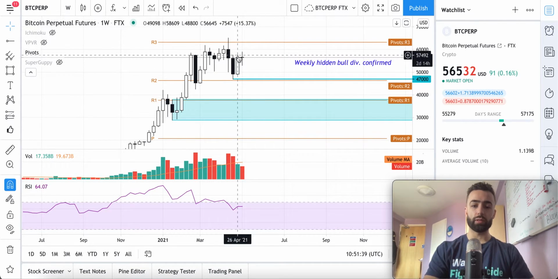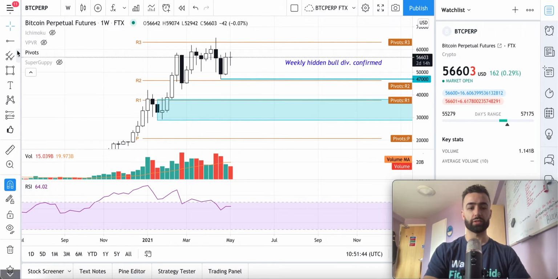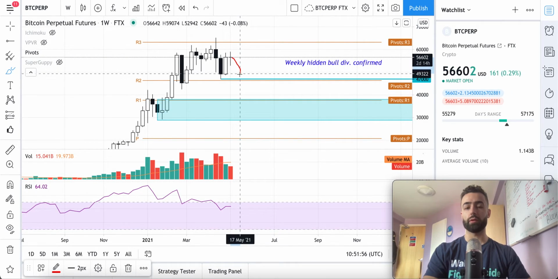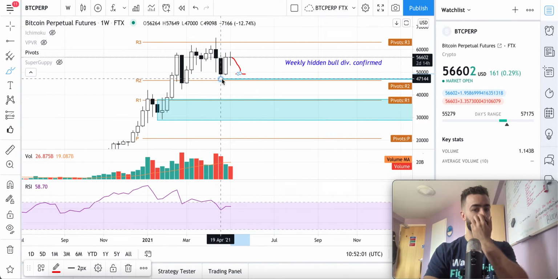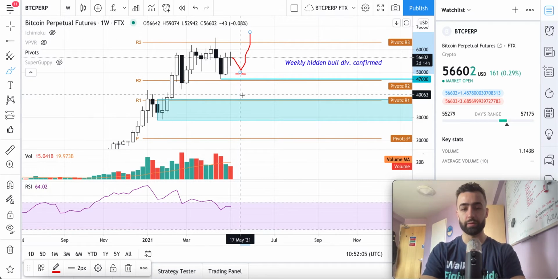Now, subsequently, we haven't had much follow through here in the weekly time frame. And so the scenario that I'm looking to potentially play out, if we continue to look like how we're looking right now when the weekly candle closes in 2 days and 14 hours, is something like where we come down, and if we're bullish, we're going to form a higher low somewhere above this one, and then subsequently from there go up for a higher high.